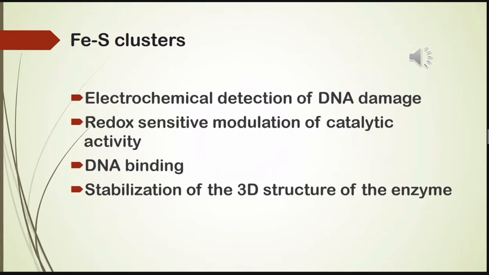They hypothesize that your iron-sulfur clusters could be involved in the electrochemical detection of DNA damage, or that it is a redox-sensitive modulator of catalytic activity, or that it may be involved in DNA binding. Some are even saying that its function is as simple as stabilizing the 3D structure of the enzyme.